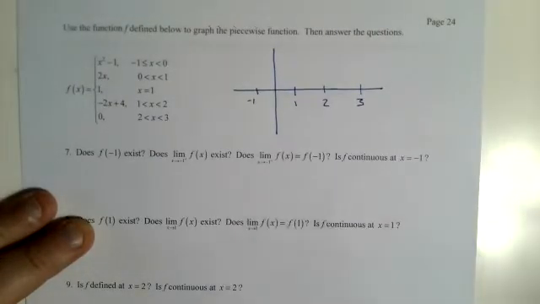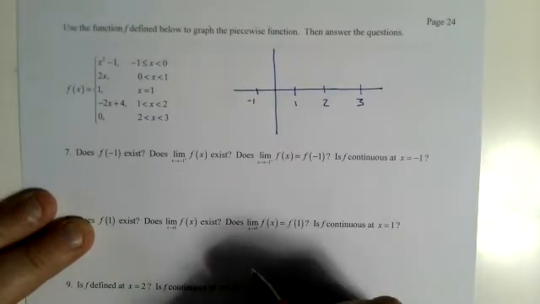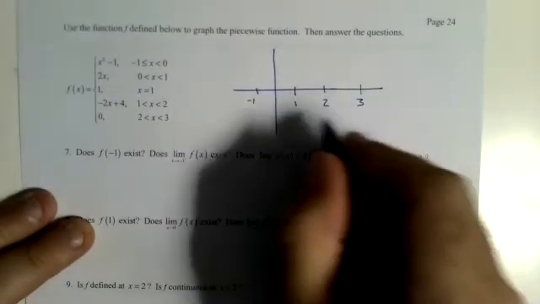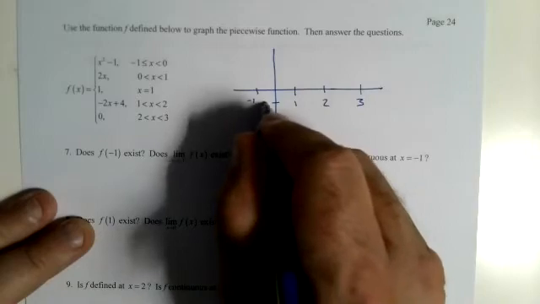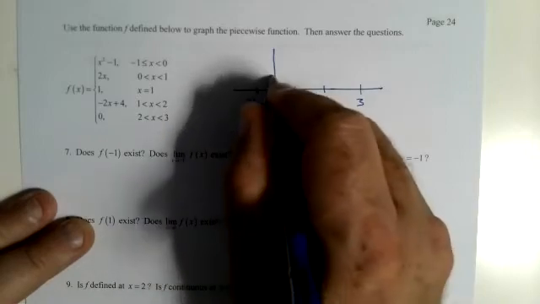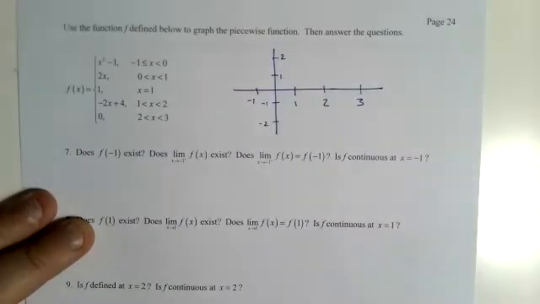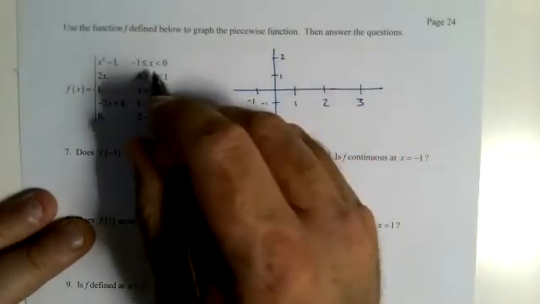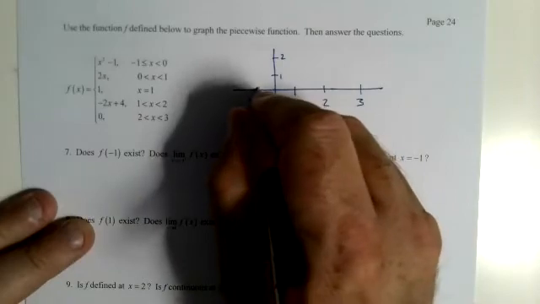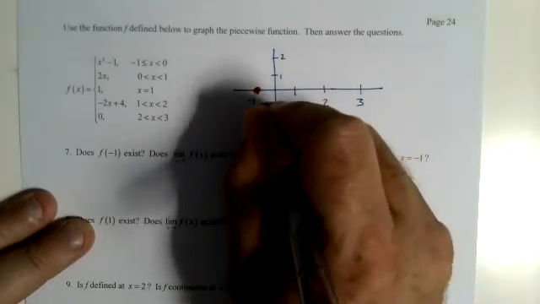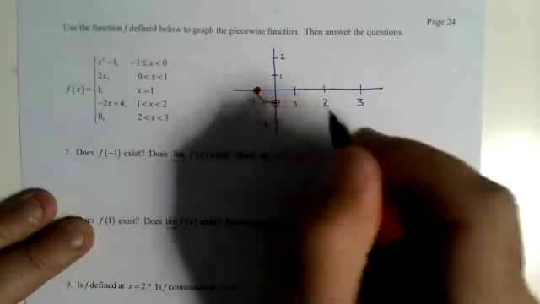So let's see what we got here. X squared minus 1, including.